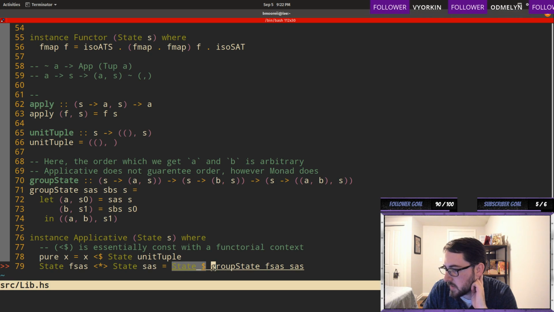Well, you can, but then pattern matching is needed for first and second. We won't be able to use the generic function group state. Oh, did I actually have it?